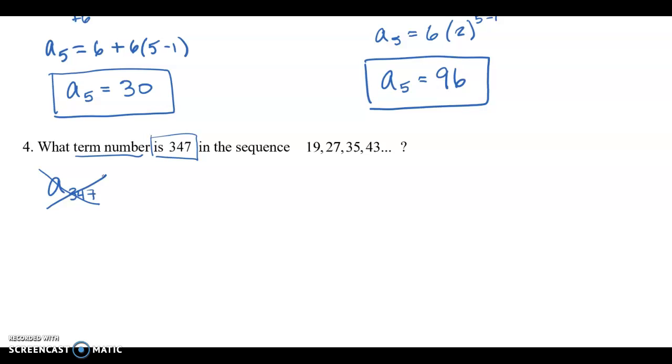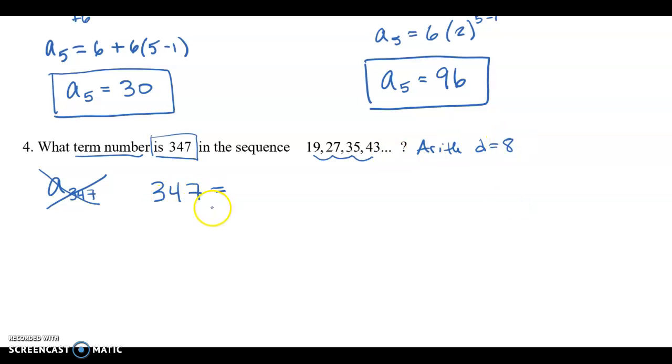It's saying the number 347 is what term position, what term number. So this one we're just going backwards. I don't know what the position is, but I know that 347, I like to just tell the story. Where did it come from? Well, first off, what is this pattern? Quick inspection, this is clearly arithmetic with a d value of plus 8, plus 8, plus 8.